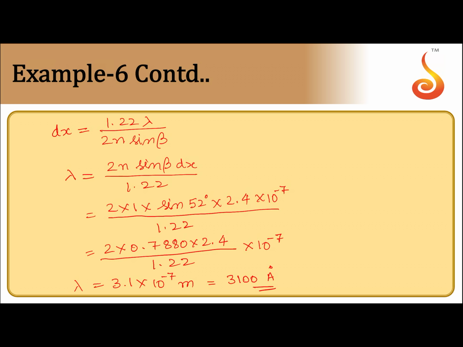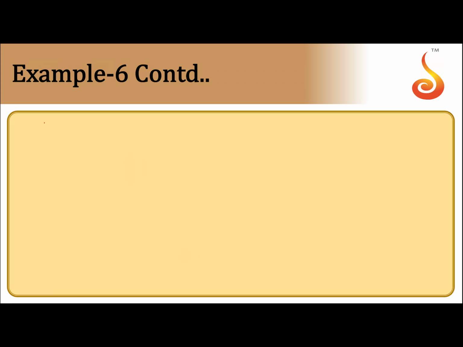So this is the wavelength of light that is used. Now you need to find resolving power when it is immersed in a liquid of refractive index 1.42. So inside the liquid, n is equal to 1.42, dx in liquid will be equal to dx in air divided by n.